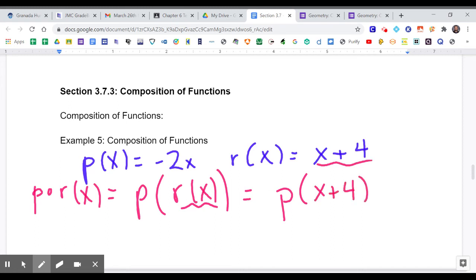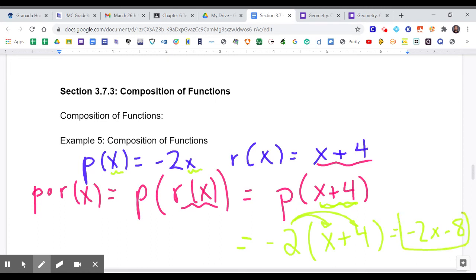And so p of x plus 4 would be, well, whenever I see x right here, I'm going to put x plus 4. So that's going to be equivalent to negative 2 times x plus 4. And so negative 2 times x is negative 2x, and negative 2 times 4 is negative 8. So there is p of r of x.